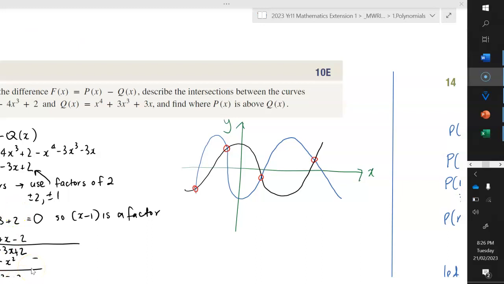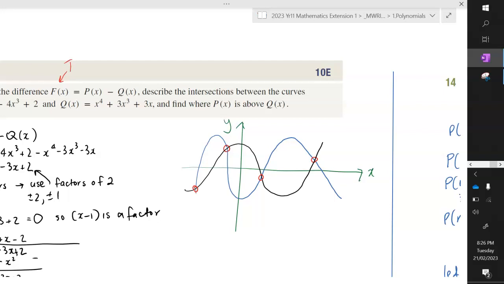So by subtracting those two curves and finding my new function, which is going to be f of x, that new function actually tells me how many times my two curves intersect, because we're finding these points in here. We might write that up.